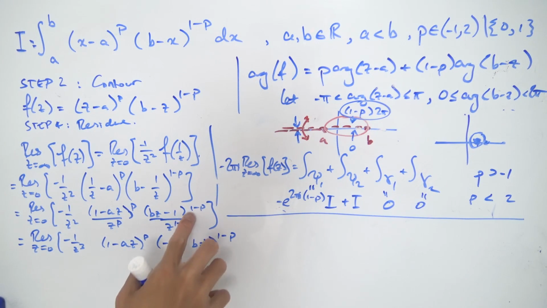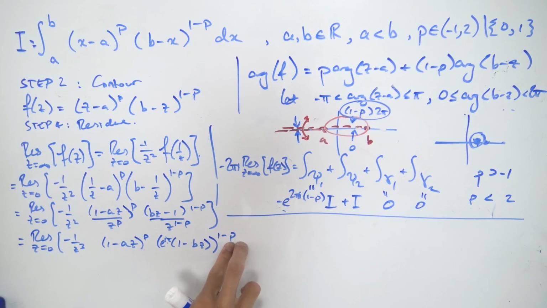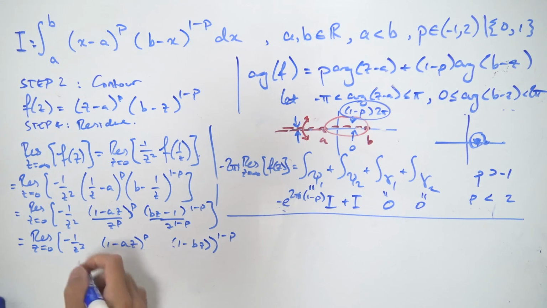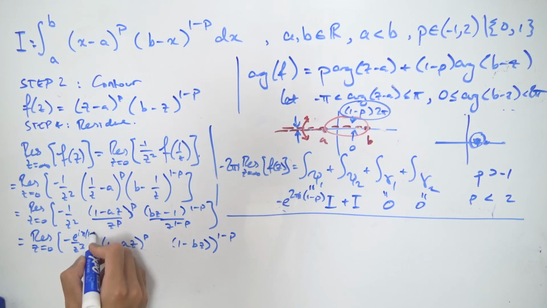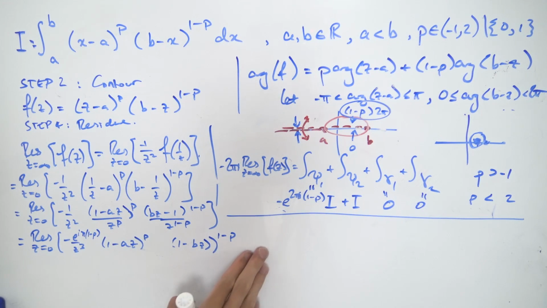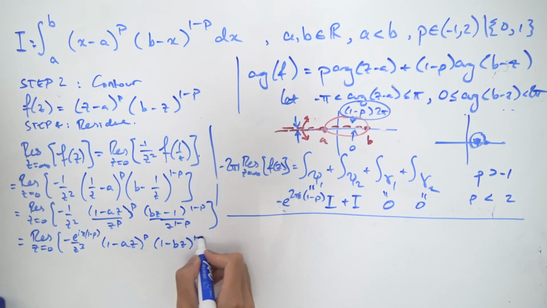So these two are still the same thing, but notice minus 1 is the exact same thing as e to the i pi in polar form, and then we can distribute this power into everything. So this is going to give us e to the i pi times 1 minus p. So we're going to have up here now e to the i pi times 1 minus p, like so, and we're just left with 1 minus bz raised to the 1 minus p.